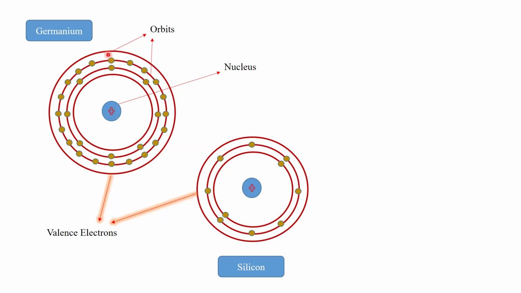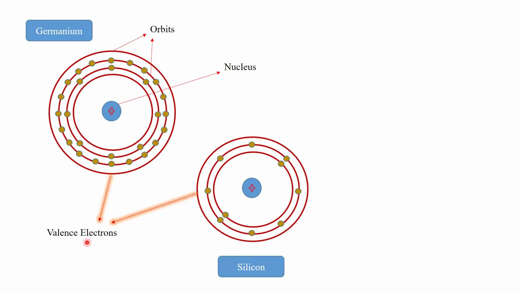Now, we understood what is an orbit, what is a nucleus, and the outermost shell of each of these silicon or germanium atoms. That outermost shell or orbit consists of electrons again, and those electrons are called valence electrons or free electrons, ready to be free electrons.